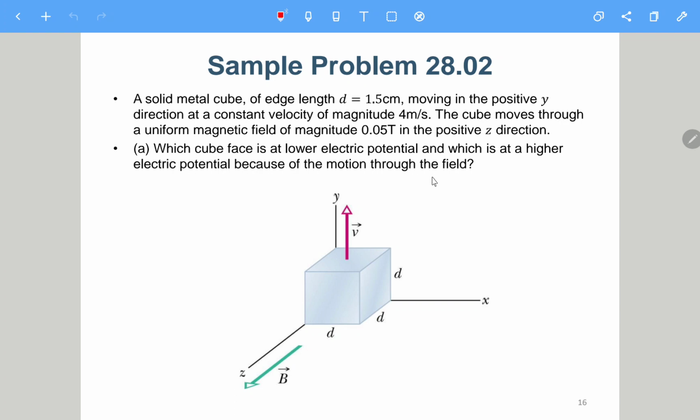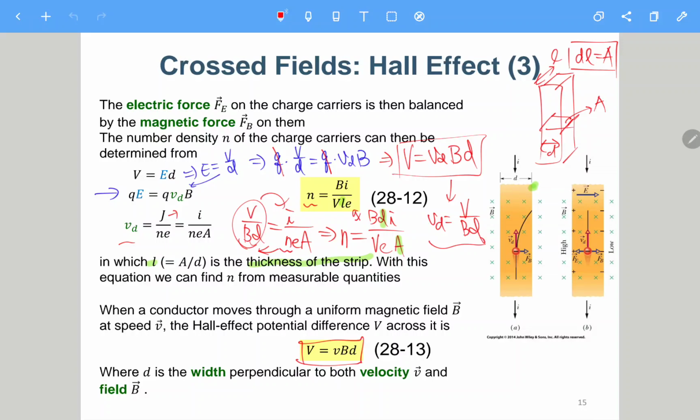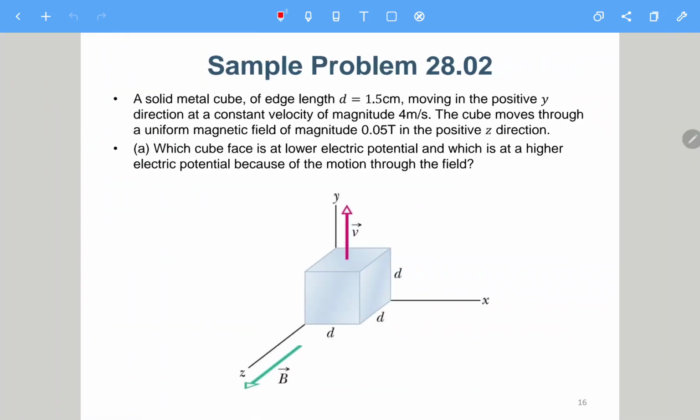Okay, so just now the Hall effect is like if we have a wire and then we provide some current, and then there is an external B field perpendicular to it, that will be Hall effect. This case is a little bit different, but it turns out that the Hall effect still occurs. This case is like we have a metal cube. So in this metal cube, there will be some free electrons.